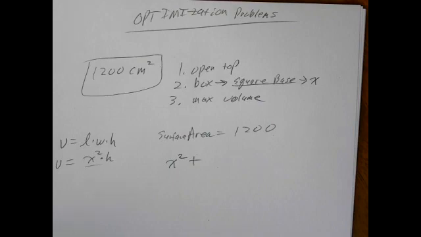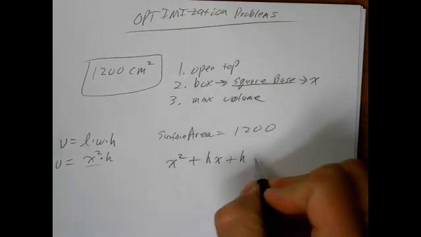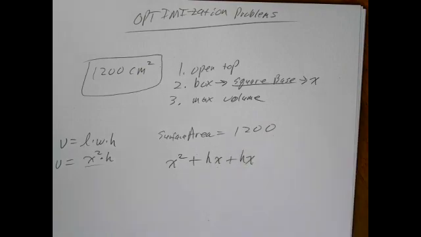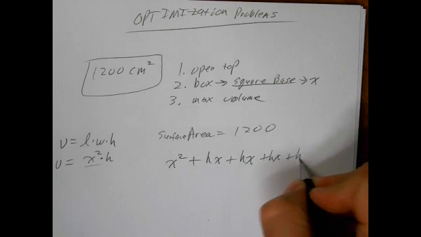Now, the box has a height of h. So if you picture in your head the right-hand side of the box, it's going to be a rectangle measuring h high by x. So the right side is an hx. The left side is an hx. The front will be an hx, and the back will be an hx.